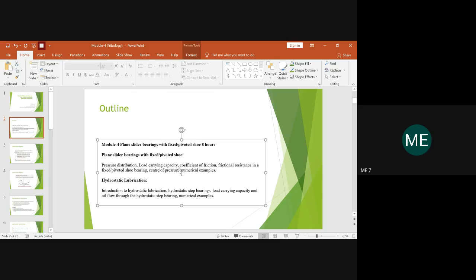Once you are aware of all these terminologies, again we have numericals to solve. So be clear in understanding the concepts and the derivation, because you need to use these equations to solve the problems. You usually get numericals in module 4 as well as module 3, right? So be careful and read well.